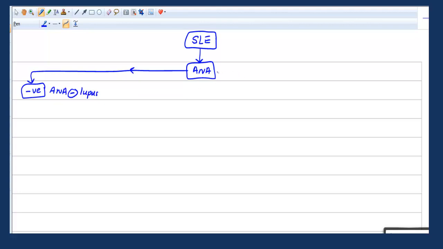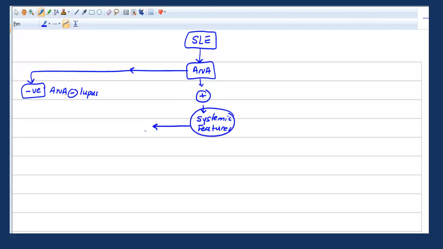Now, if ANA positive, this is the big category, and here you will divide it further according to whether there is systemic involvement or not. If you see a patient you think is SLE and ANA positive, which is usually the most common, you go next to systemic features, whether present or not.